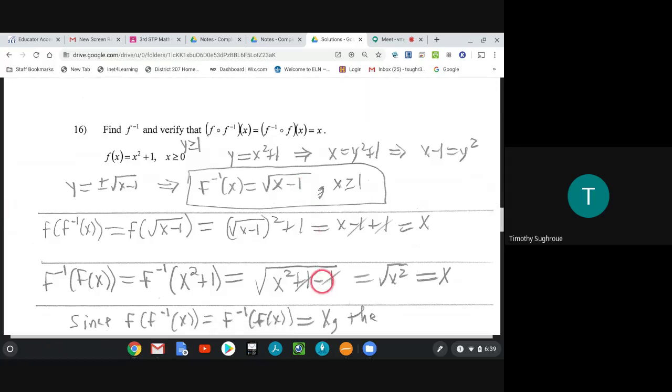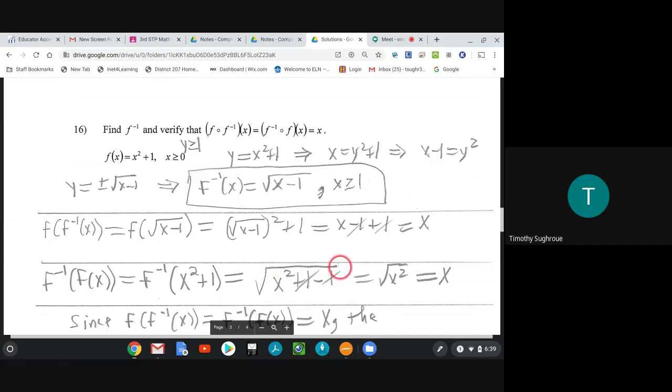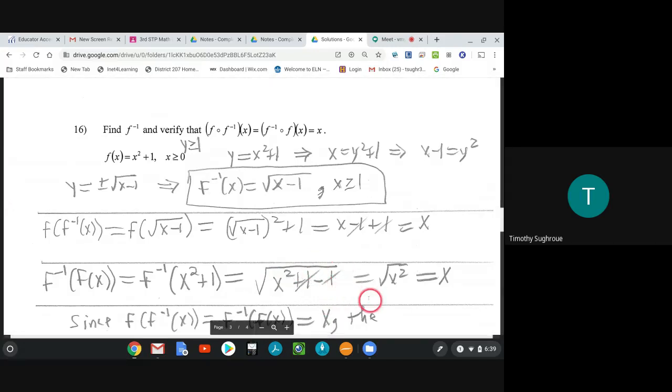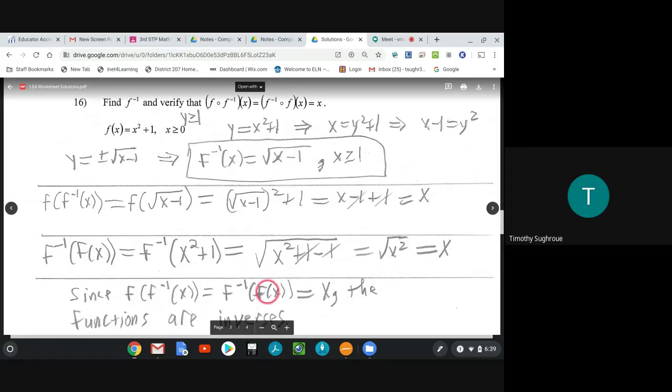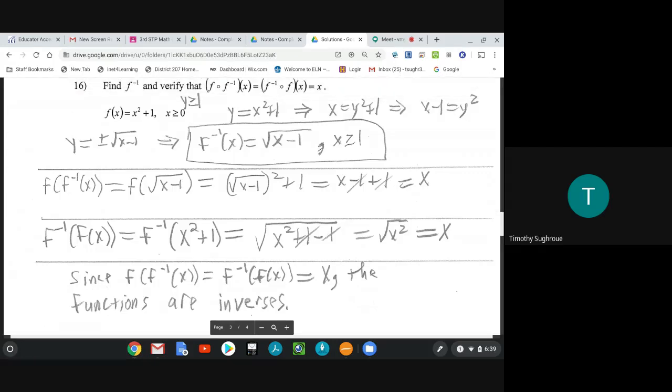Subtract 1 from it. Okay? And then take the square root. There it is. The plus 1 and the minus 1 cancel. And the square root of x squared is indeed x. Since f of f negative 1 of x equals f negative 1 of f of x equals x, the functions are inverses. Right?